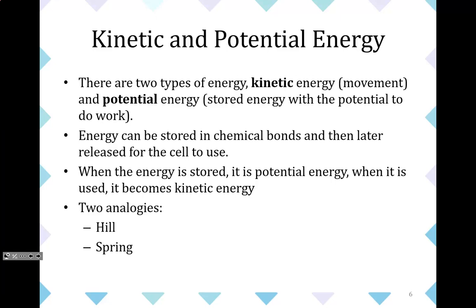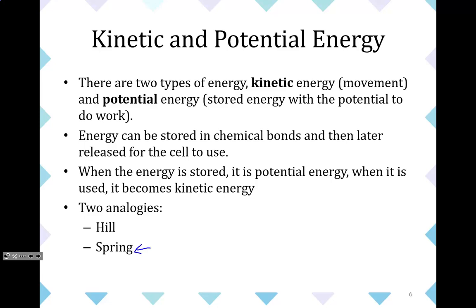So your book does not assume that you've had physics before this, which is where we tend to talk about kinetic and potential energy, and there's similarities and differences. In a physics class, there's two analogies that we use to try to help people understand the difference between kinetic and potential energy. And one of those is the idea of the spring.